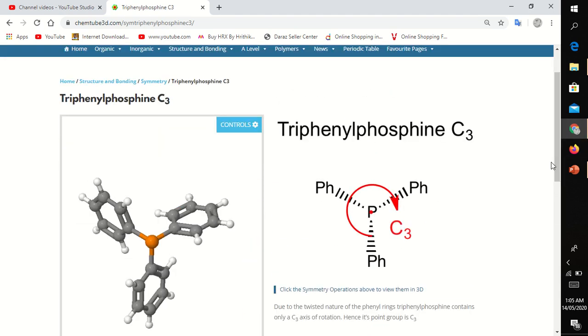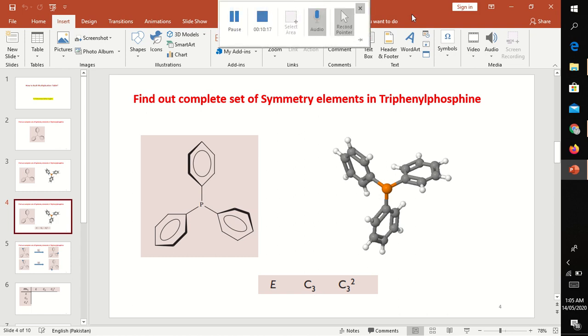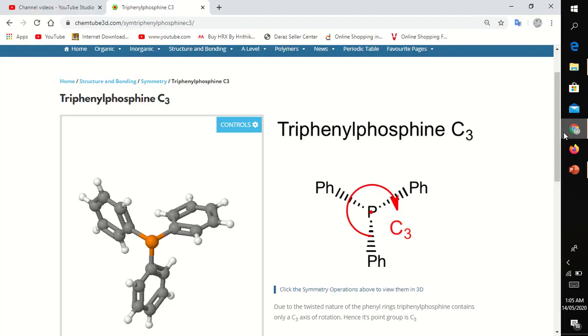triphenylphosphine axis of rotation, and this is also the axis of rotation for C3 twice, which is discussed already. I have told you there are three symmetry operations named identity, C3 and C3 twice. So the axis of rotation for both C3 and C3 twice is the same.